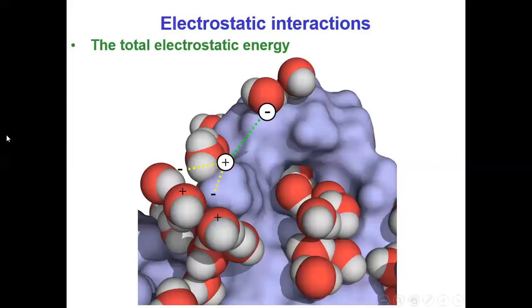Each of the two types of electrostatic interactions that we just encountered are also important when we have charges within large molecules like proteins or DNA or RNA and so on. And we can see here an example. We can see a protein. Only the surface of the protein is visible, and the protein is surrounded by water molecules.